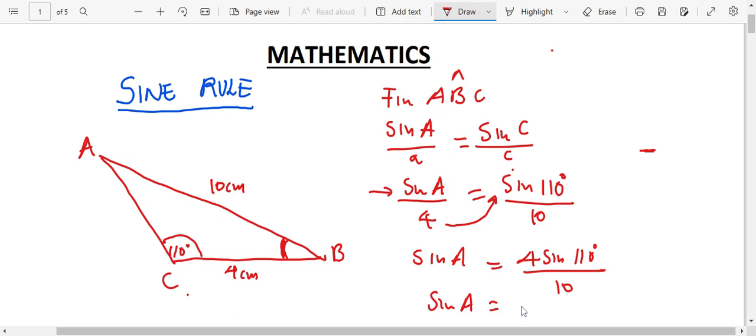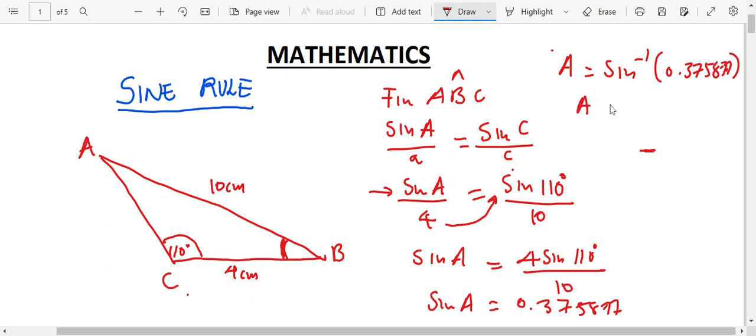It gave us 0.375877. Meaning that if I want to find A, I take sine inverse of 0.375877. And we found that the angle A is going to give us 22 degrees.